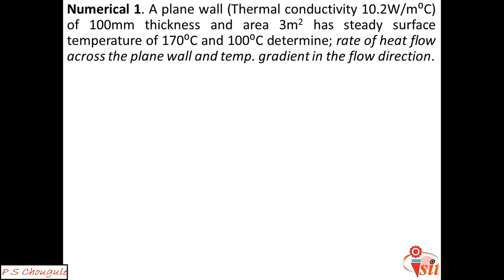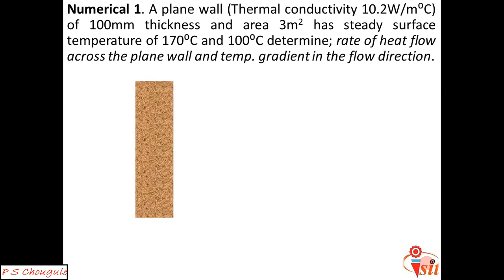So let us draw out what they told you. Here it is a plane wall. One surface is at 170 degree Celsius, another one is at 100 degree Celsius.